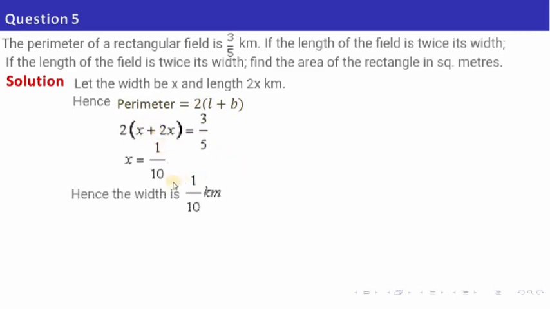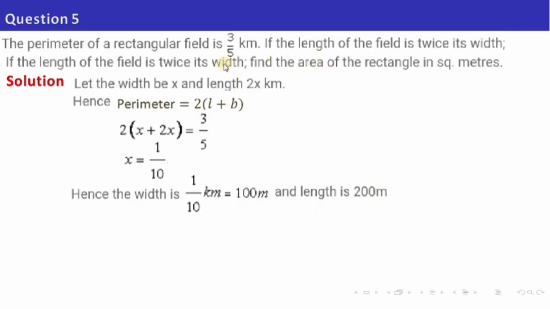So the width is 1 by 10 kilometer and its length is going to be 2x. Converting 1 by 10 kilometer into meter, it becomes 100 meter. If width is 100 meter, then length is double, that is 200 meter.